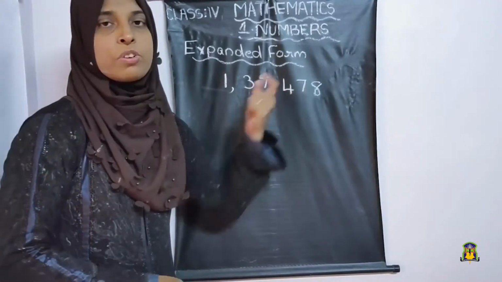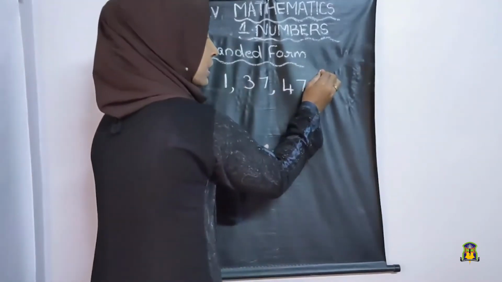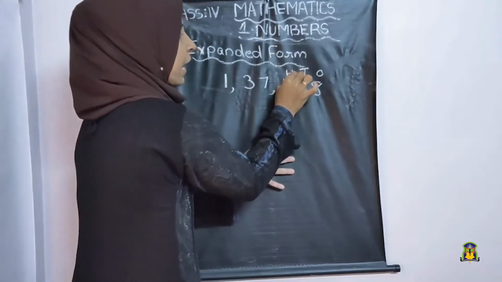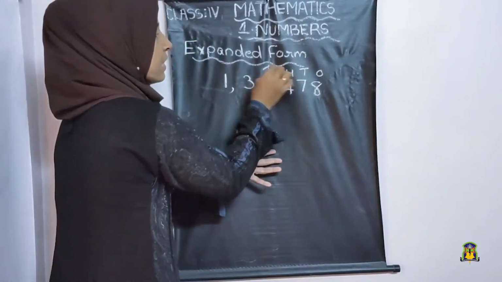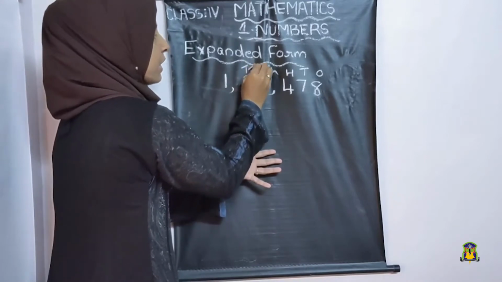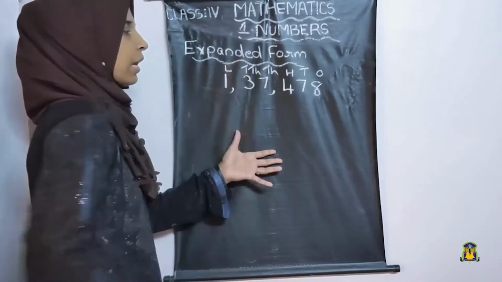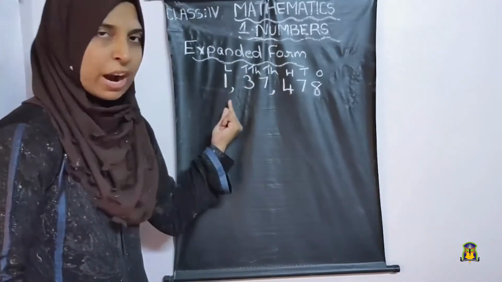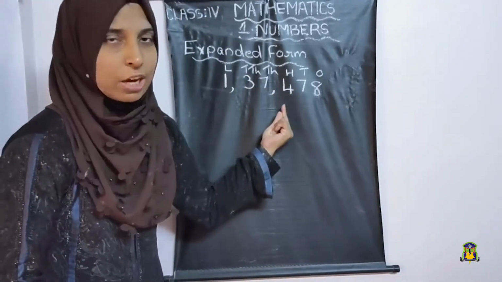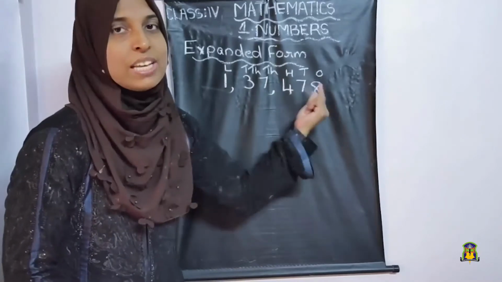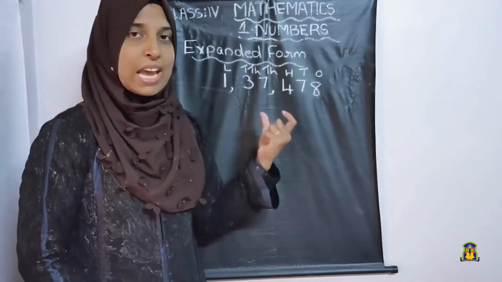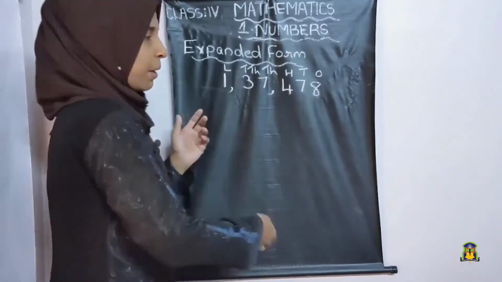First I am going to write the places from the right: ones, tens, hundreds, thousands, 10,000 and lakh. How can we read this number? This is 1,37,478.